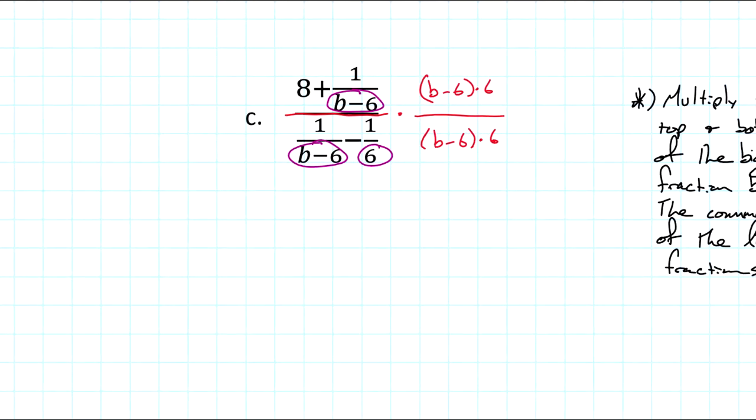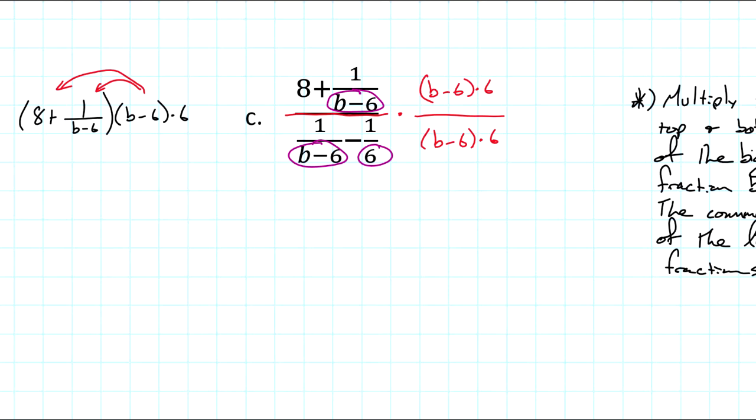And so let's look at the top. What we really have is 8 plus 1 over b minus 6 times now b minus 6 times 6. And so we're going to take all of this and distribute it across that addition there.